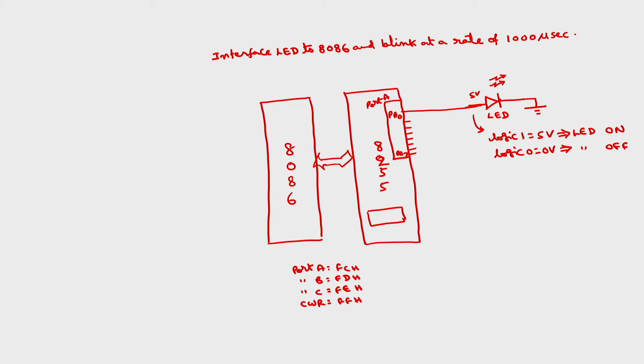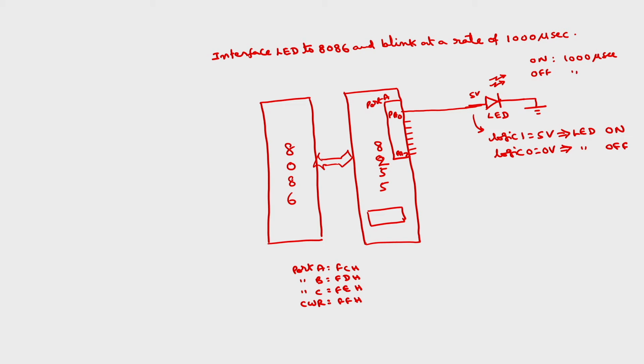Okay. So for these connections, I want to blink this LED at a rate of 1000 microseconds. It should be on for 1000 microseconds, then off for 1000 microseconds, and we have to repeat the same thing.